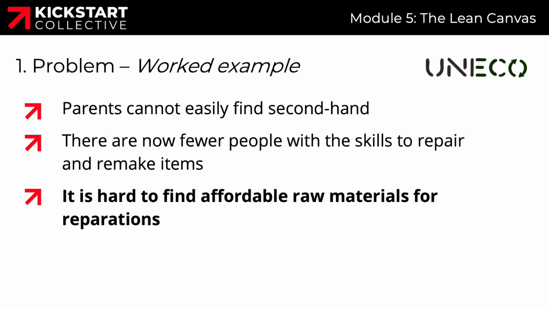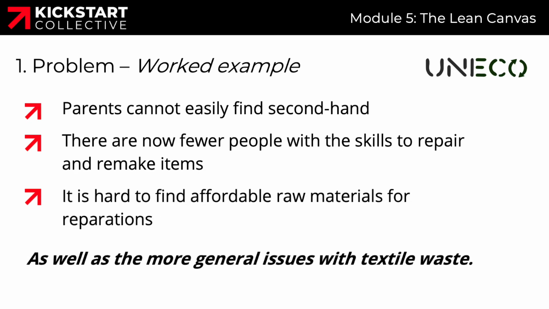And thirdly, those that can repair or remake items and make money through this have a hard time finding affordable raw materials. Aside from the customer-centric problems, Uneco aims to address the problem that less than 1% of textiles that are recycled are remade into new clothing, as well as the more general issues with textile waste.